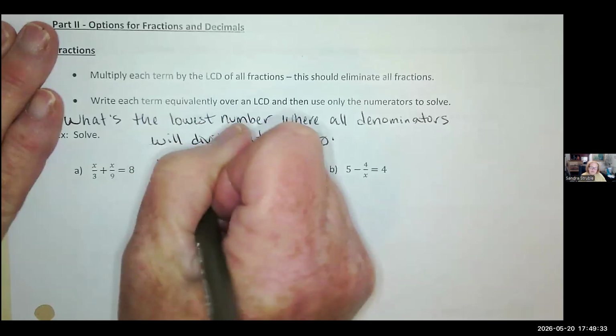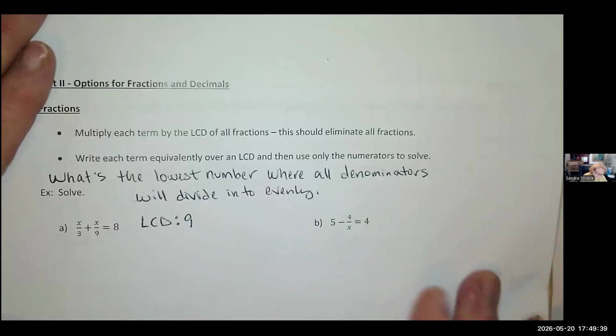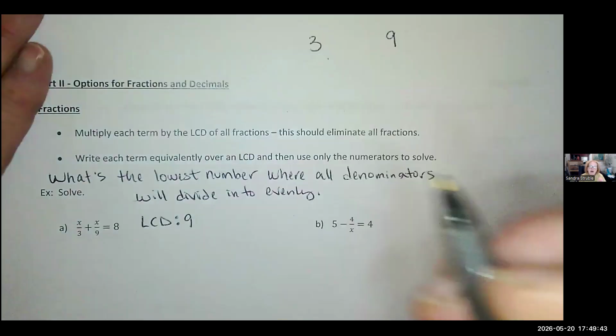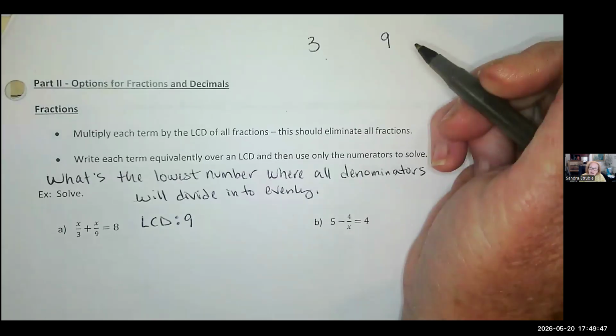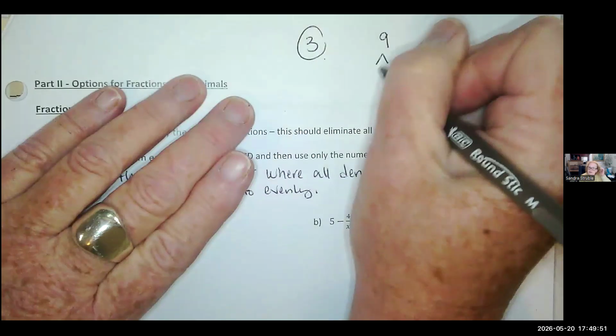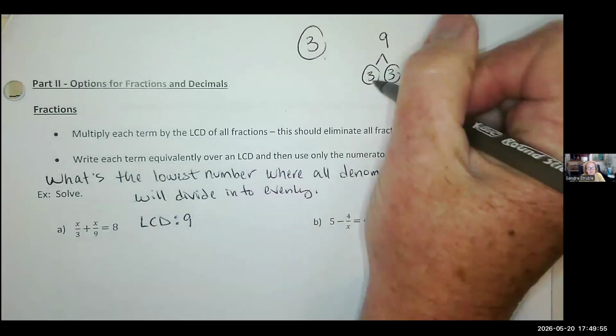Now there's another way to do this. I'm going to do this with this simple one here. If we have 3 and we have 9, you can take them down to their prime numbers, their bare bones. Well, 3 is 3. But 9 is made up of 3 times 3. So you've got to have at least two 3s for your lowest common denominator.